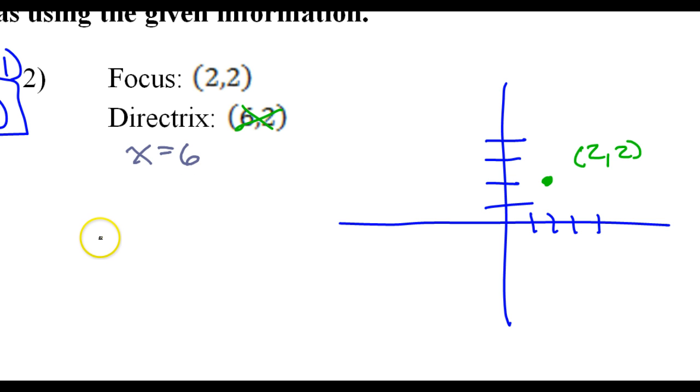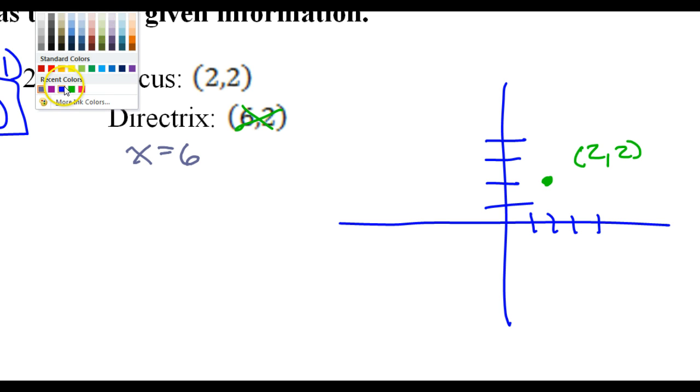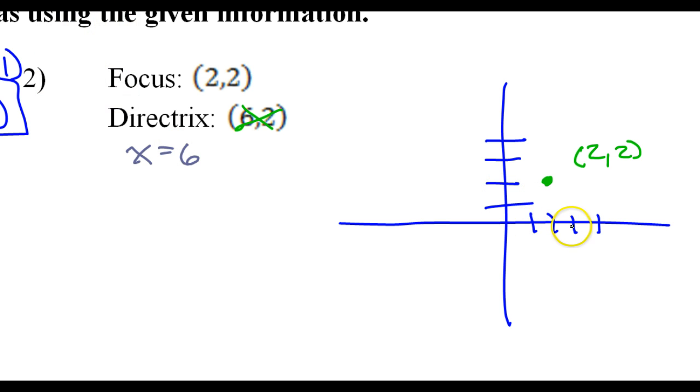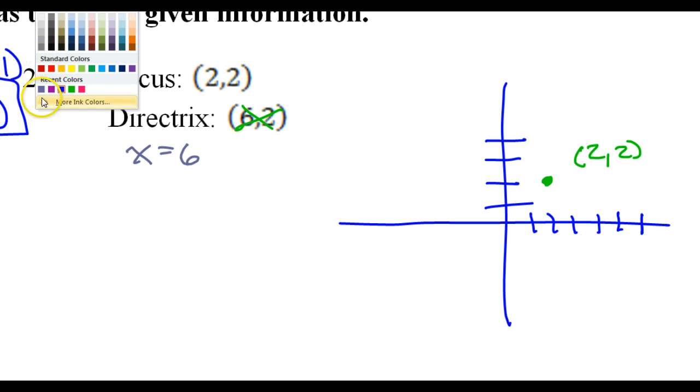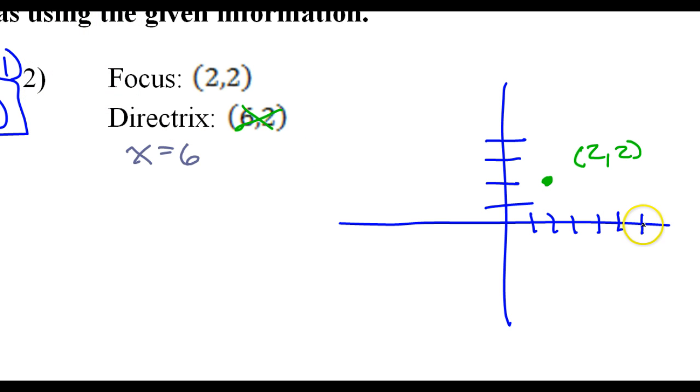Okay, there it is. So, make that modification. The directrix is x equals 6. So here we have 1, 2, 3, 4, 5, 6. X equals 6 would be a vertical line at 6.